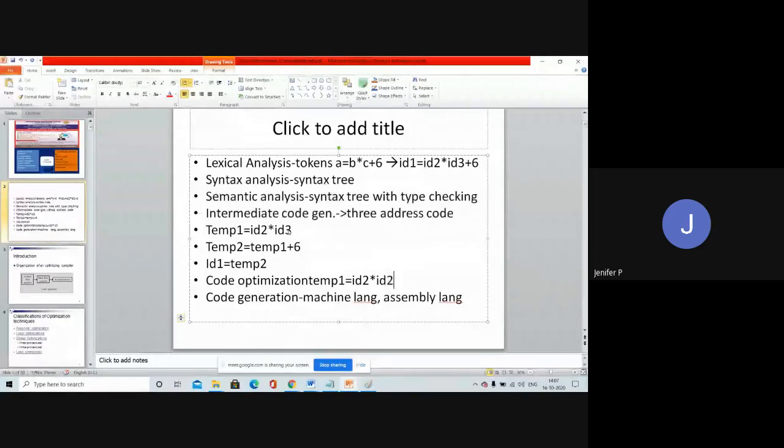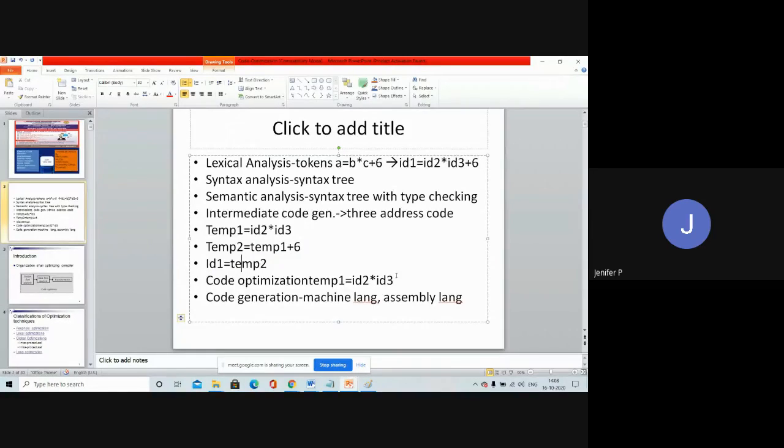Considering the second and third statements, temp2 is equal to temp1 plus 6 and id1 equal to temp2, right? If you substitute the value of temp2, what happens? id1 equal to temp1 plus 6. It is also a three address code, right? It contains three operands, that is id1, temp1, 6, and in addition to the assignment operator you are having only the addition operator.